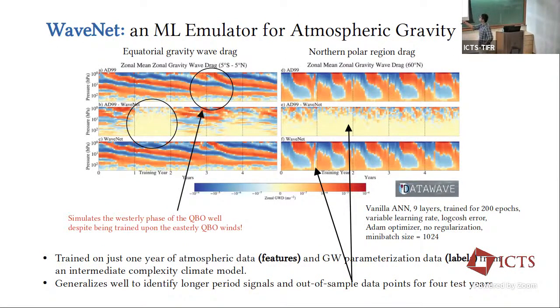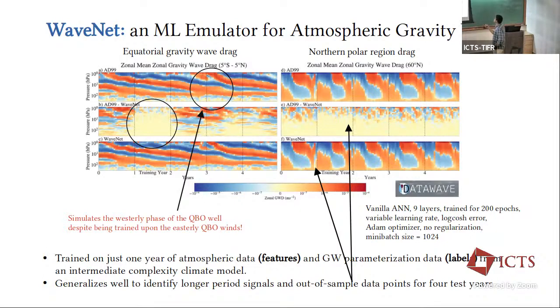Now, if you compare the difference in the tropics between 8099 and WaveNet, the neural net emulator, you'll see that for the training year, the error is quite low, right? But even for the testing years, the test set, the error is not that bad. You get these large-scale structures, and then there's some drag. It can do better, of course, but it's not bad. What we have is a functioning emulator that can replicate the large-scale variability in the tropical stratosphere as produced by parameterizations.